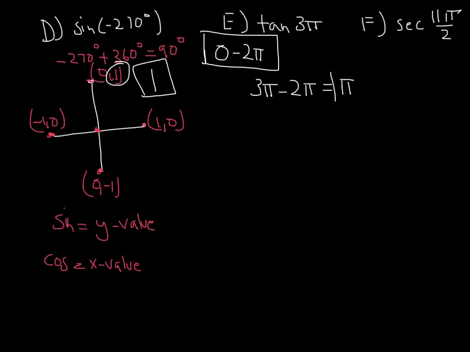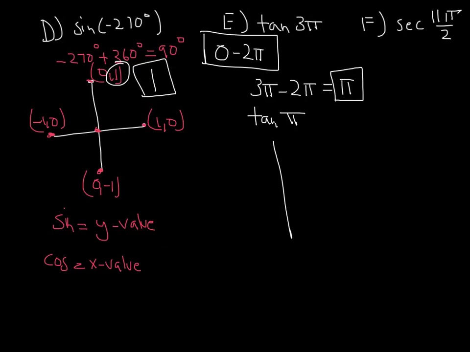Now let's not get confused. The reason why we're subtracting 2 pi is because we learned in the very first slide that if you add 2 pi or subtract 2 pi, it's the same angle. So what are we really after? The tangent of pi.